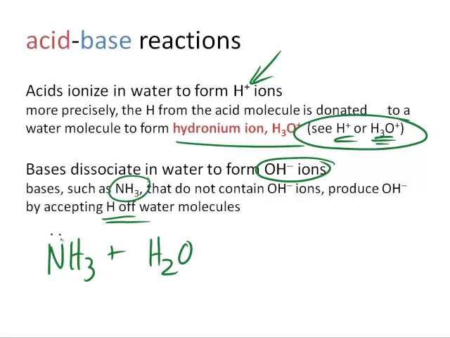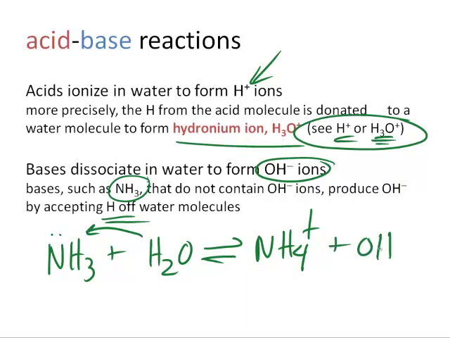It turns out nitrogen has that lone pair of electrons, so it can accept a proton from water, and it sets up an equilibrium with the NH4 plus ion, ammonium ion, and hydroxide. So that's how ammonia is classified as a base, because it produces a hydroxide in solution because it can accept a hydrogen off of the water molecule.